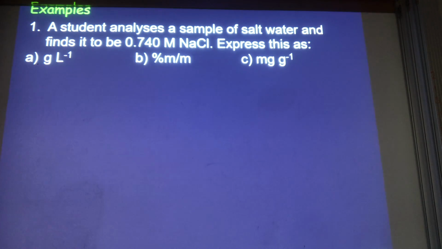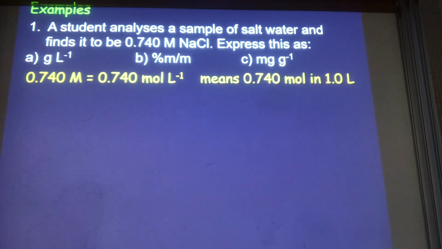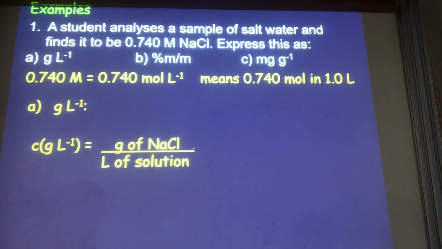Let's do an example or two. So sodium chloride, grams per litre, percent by mass, milligrams per gram. Now again, by definition, 0.74 molar is 0.74 moles per litre, meaning 0.74 moles in 1 litre of solution. So we go from moles per litre into grams per litre.